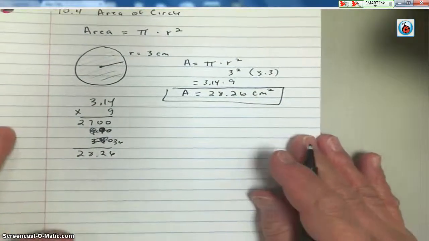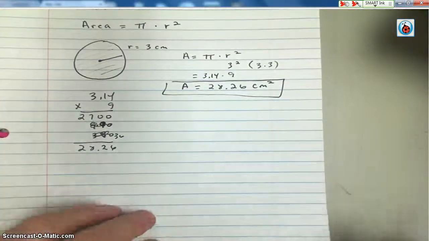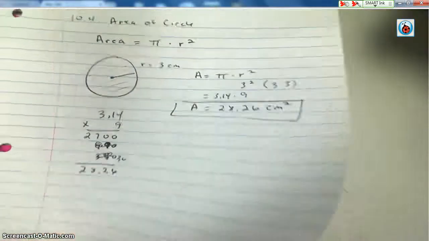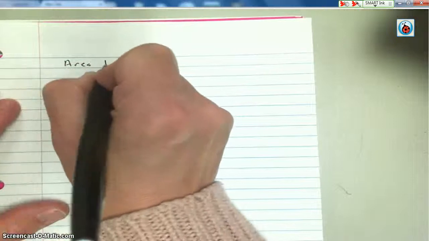Let's say, for example, we want to find the area of a basketball court. I'm going to go on to the next page so I have a little bit more space. So we want to find the area of a basketball court.